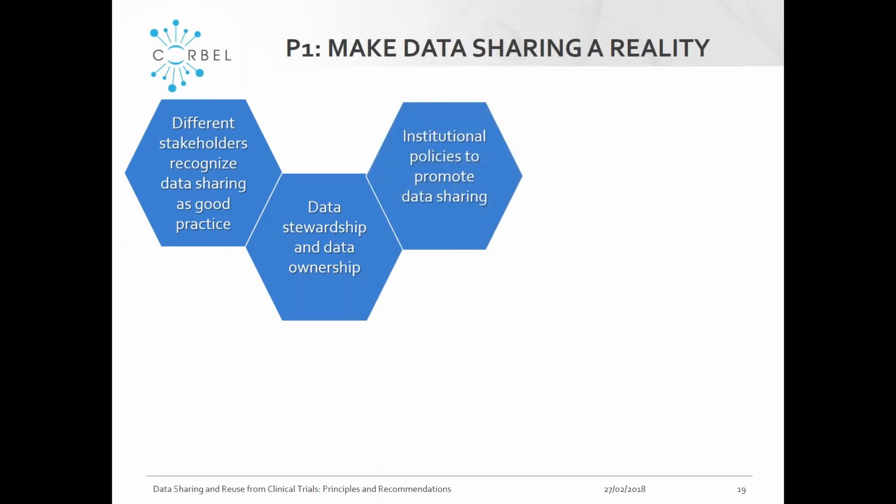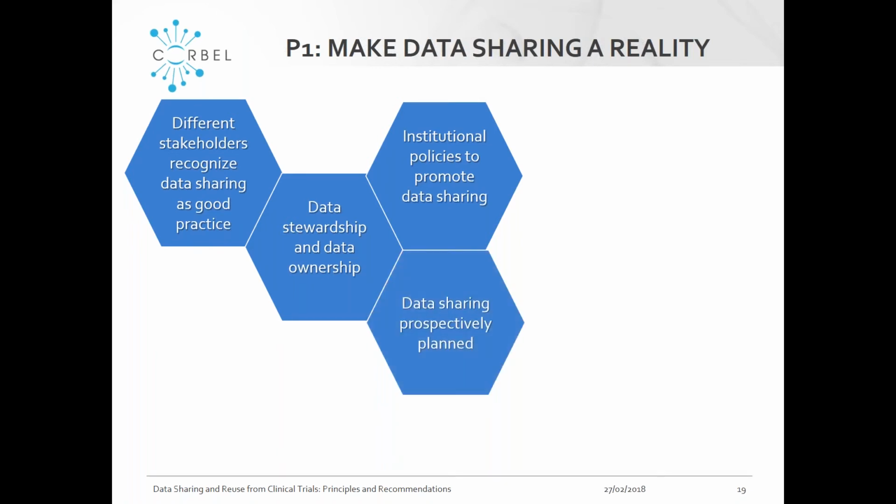This cultural shift, of course, cannot be done by researchers or sponsors alone. There is the need to work under an umbrella of institutional policies, meaning the policies of universities, hospitals, sponsors, and other entities that promote data sharing rather than represent a barrier to this process.